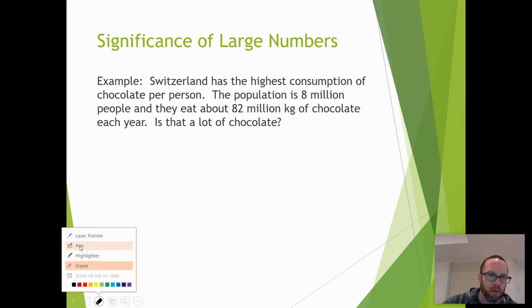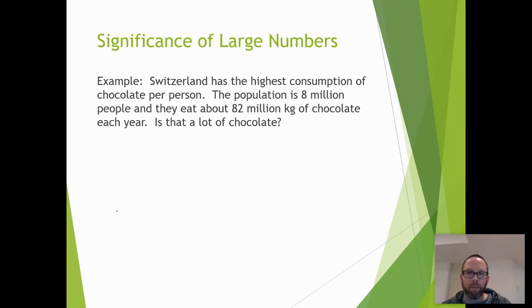So we'll do a little calculation there. 82 million divided by 8 million. The millions are kind of irrelevant, so you can just do 82 divided by 8. I think it's 10.25, but I'll just verify it here. Yep, that's 10.25.